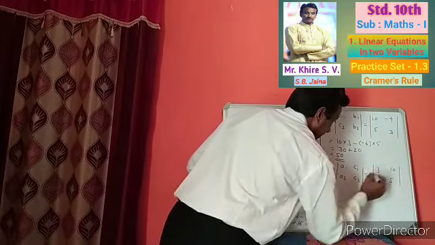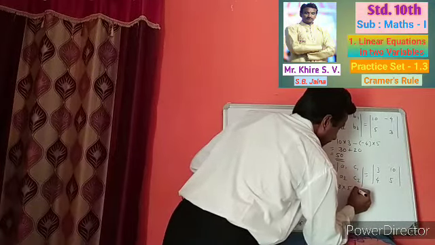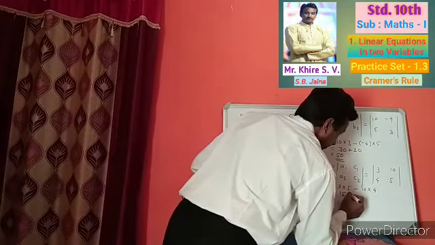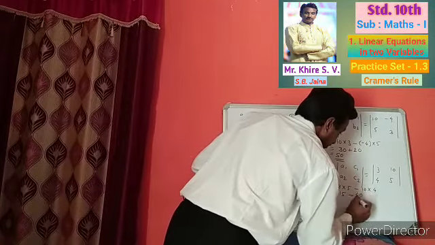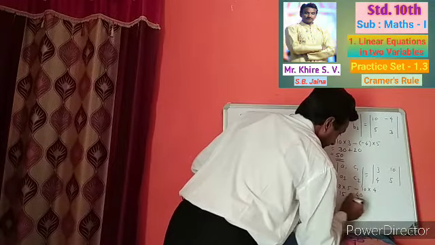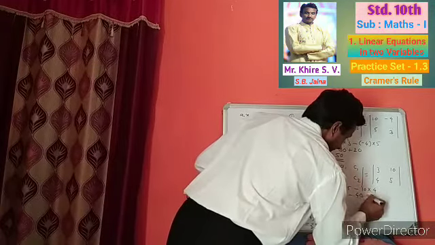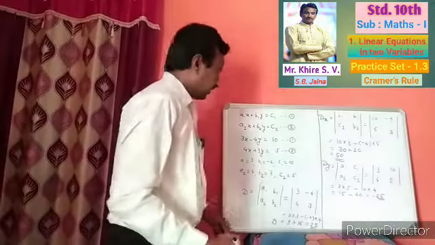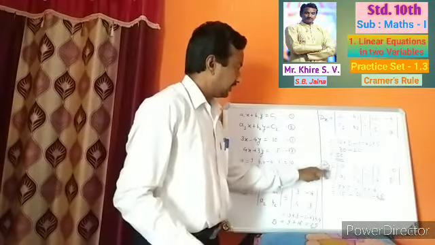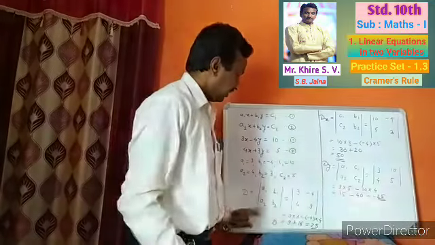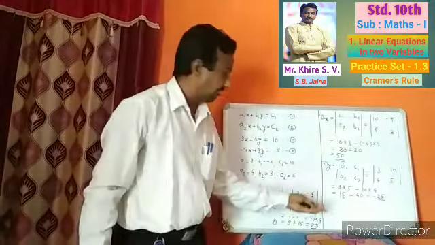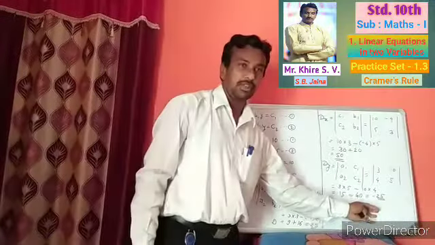Now again cross multiplication: 3 into minus 5 minus 10 into 4. 3 5s are 15, minus 10 4s are 40. 15 minus 40 is minus 25. Now we have d, dx, dy. The value of d is 25, the value of dx is 50, and the value of dy is minus 25.